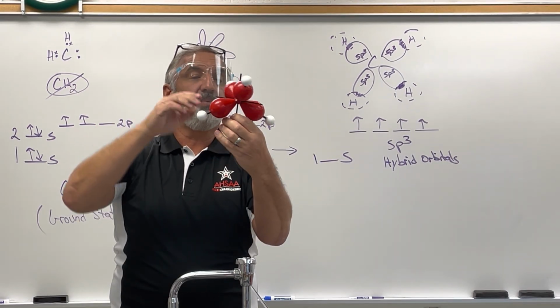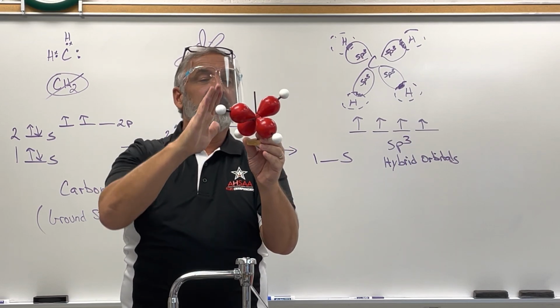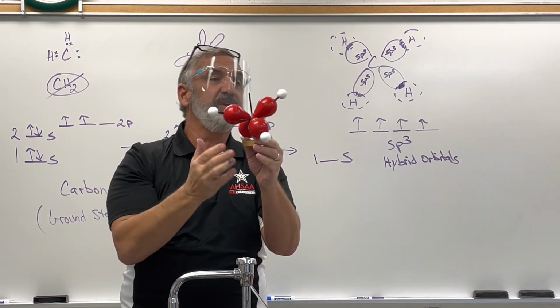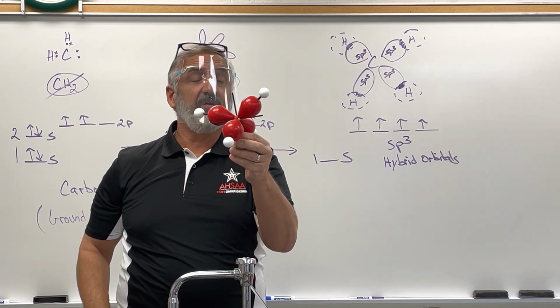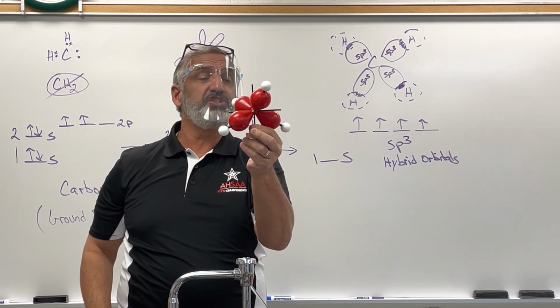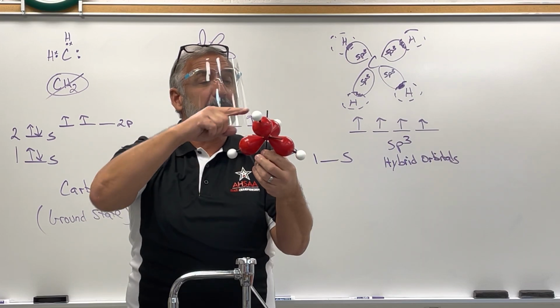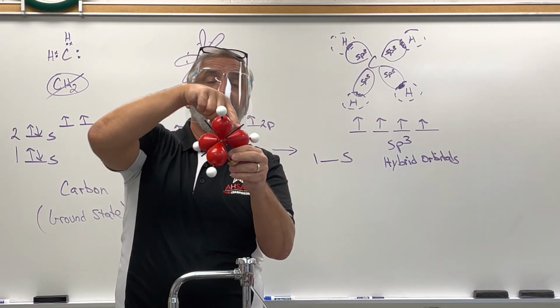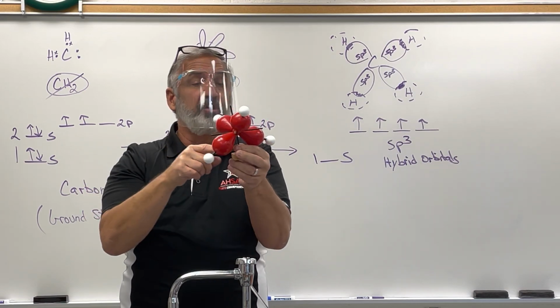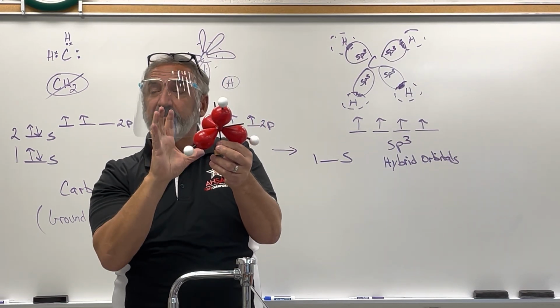Notice that they're all pushed away as far as we can. There are 4 faces on this, so we call this a tetrahedron. The electrons are arranged in the shape of a tetrahedron. The bond angle is 109.5 degrees at all points right here, so they're all equally pushed apart.